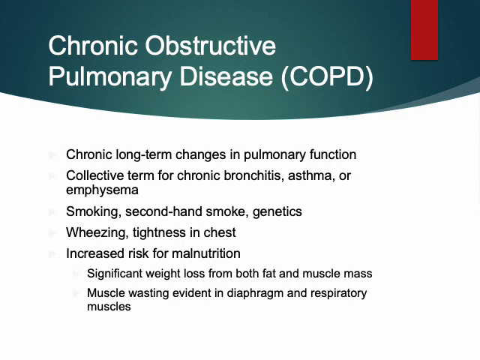And it's common to see significant weight loss from both the fat stores, but also a loss of muscle mass as well. So you're looking for patients with muscle wasting. And most of this is going to occur around the diaphragm and the respiratory muscles. So the presence of malnutrition really contributes to the patient's overall decline with COPD.